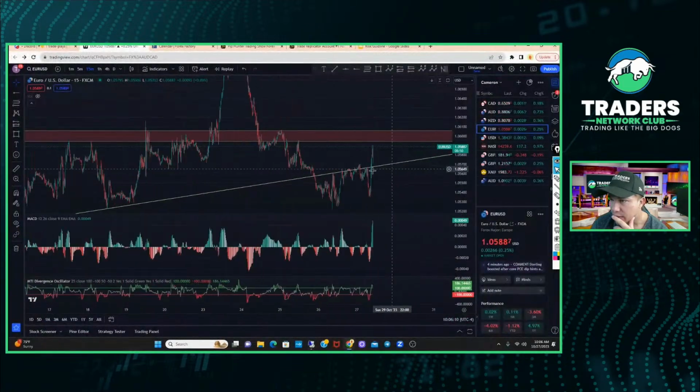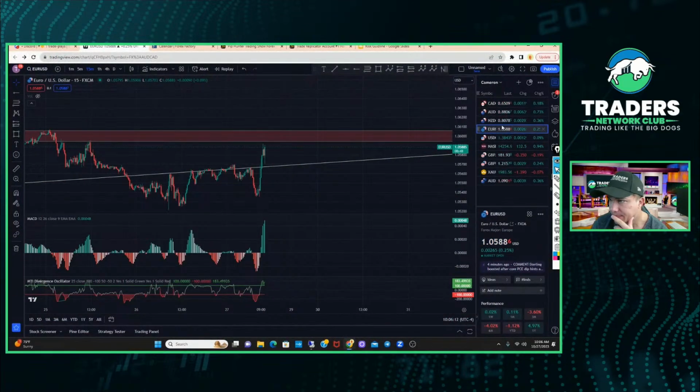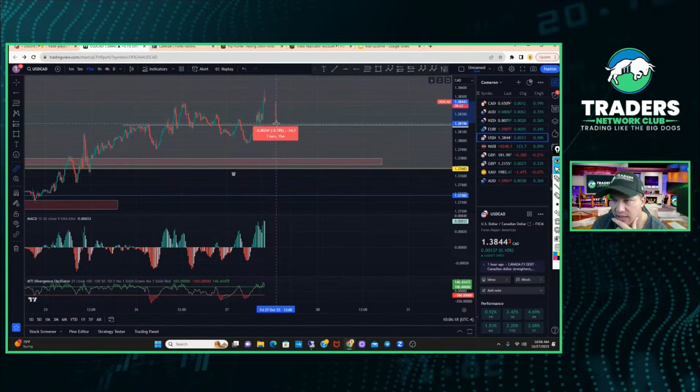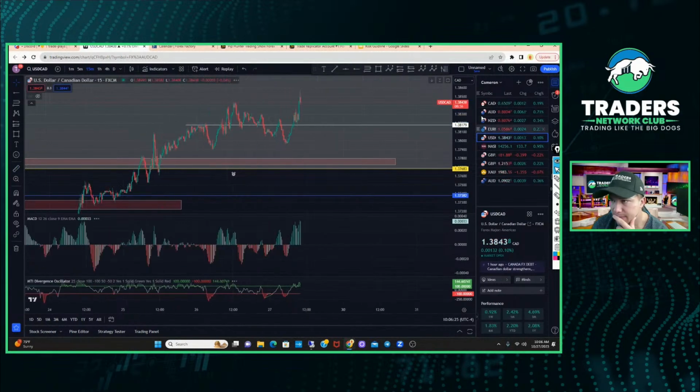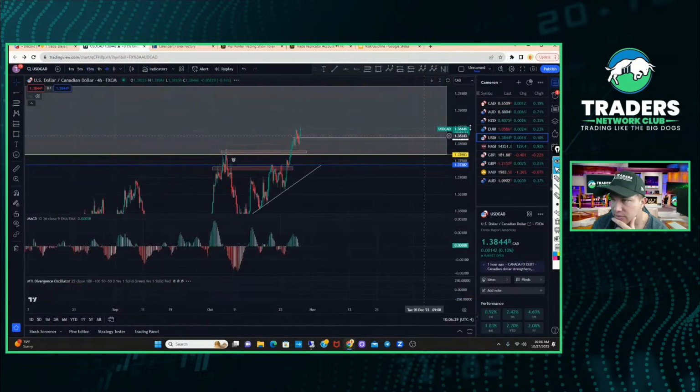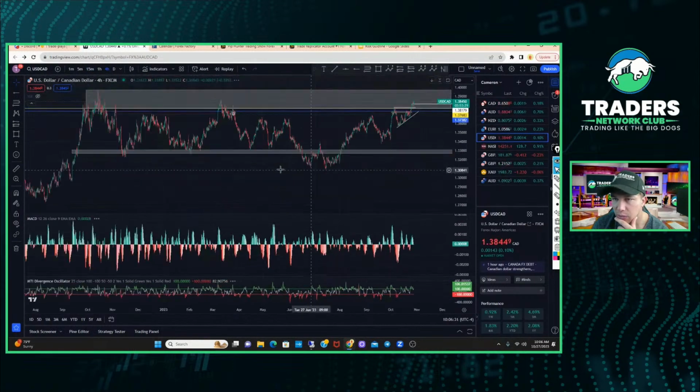So let's go back to the USD CAD here. A 20 pip move to the downside would take us back to that previous high. You know what? I'm going to stick with the sell, you guys. Now, and I'll tell you why.